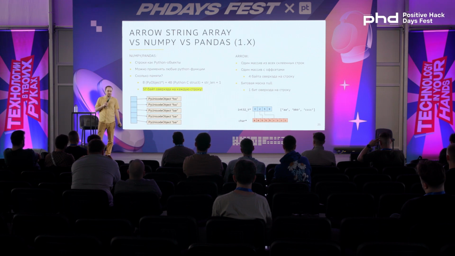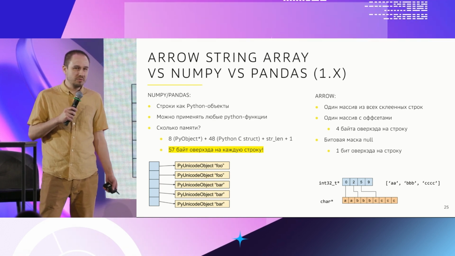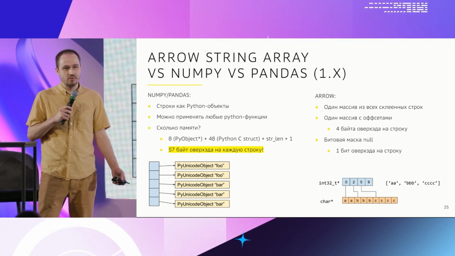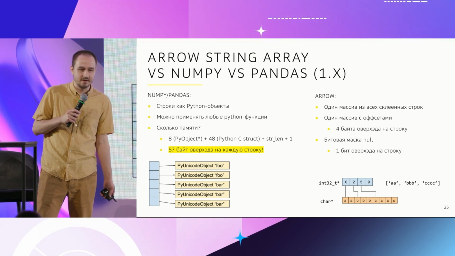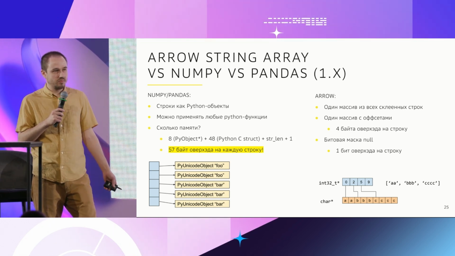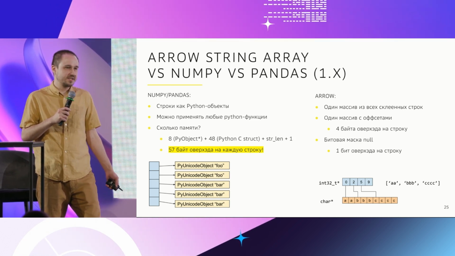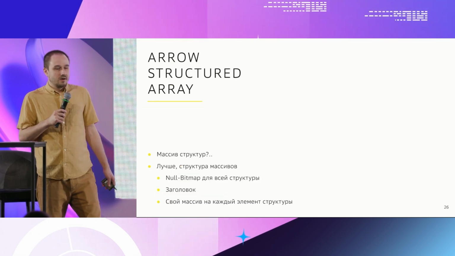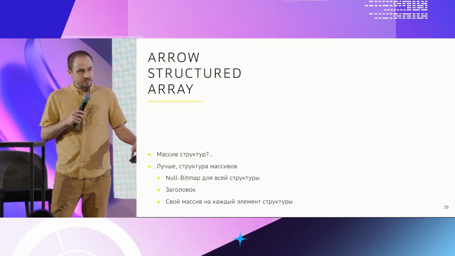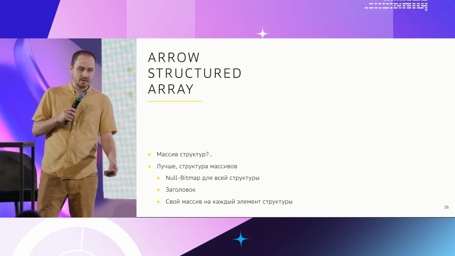How is this different from what we had before? In Pandas or NumPy, strings and complicated things are kept as objects, and we could have x20 overhead, and in Arrow we will have just x2 overhead. That is doubling the operational memory.